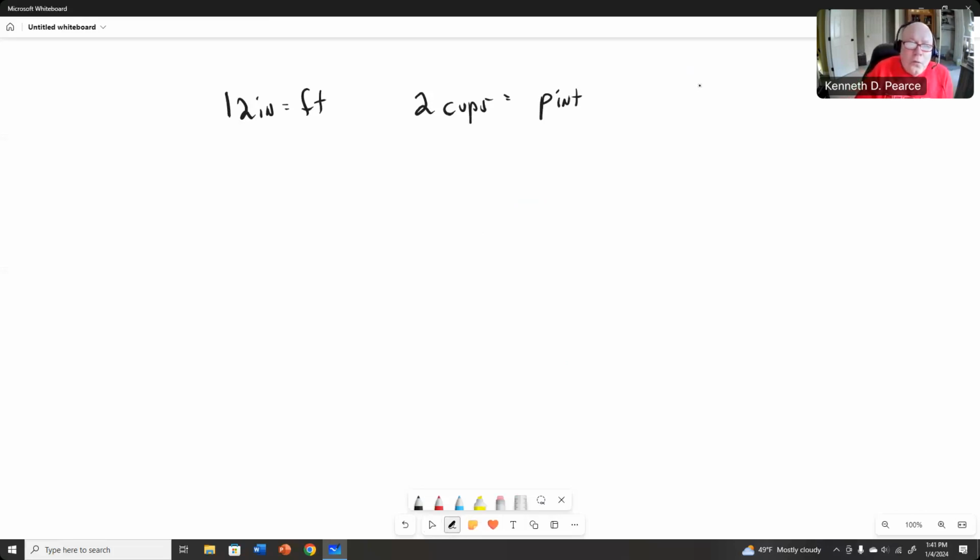Not only that, a US gallon, for instance, is not the same as a British gallon or an imperial gallon. They're not the same. A British gallon is a little bit bigger than a US gallon. And so you have to have some sort of unified system of units so that everybody knows what you're talking about, regardless of where you're at.